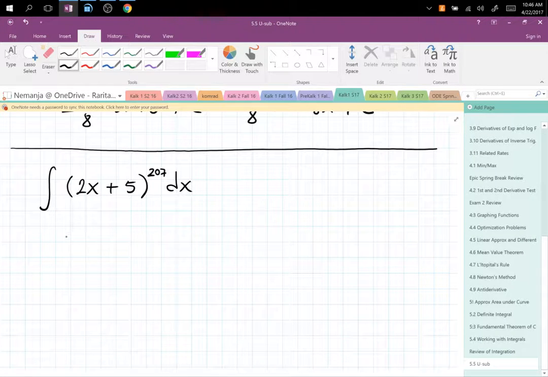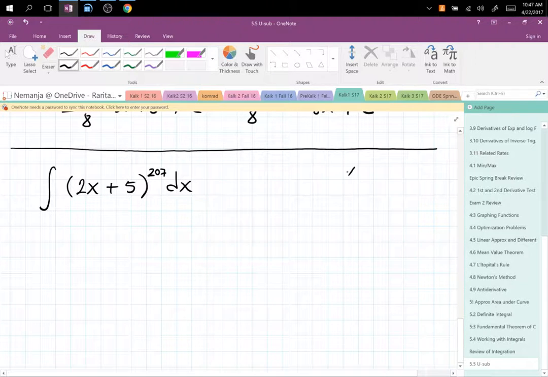So, as you can see, problems can be as annoying as we want them to be. And as much as you can do this by algebra, because foiling 206 times would be insane, I would say, well, you know what I know?